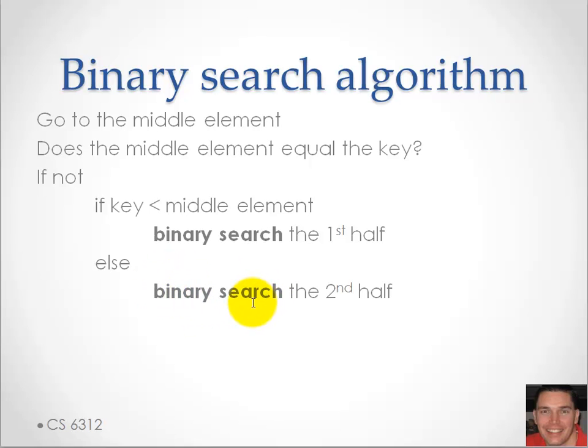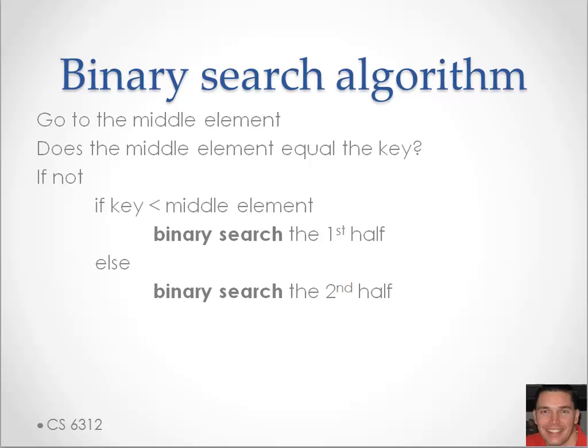So that would in return call our binary search algorithm. We would look at that now smaller list and see if the middle element there equals our element. If not, then we would compare the key to that middle element and do a binary search on the first half or the second half, depending on the outcome of this comparison.